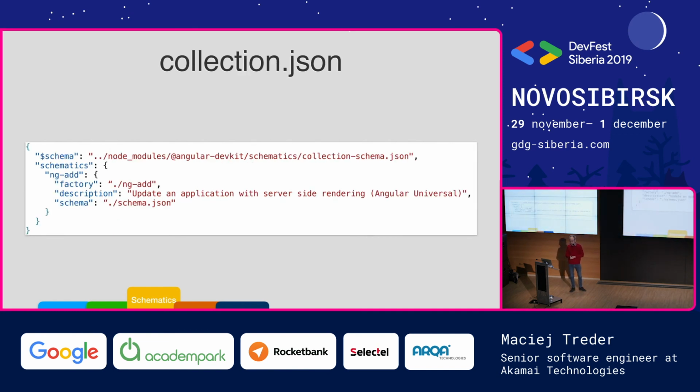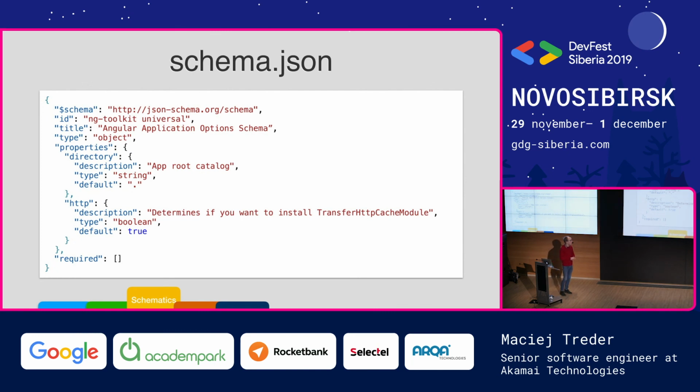This is the collection.json for the universal, just as a reminder. And finally, the schema which we are using. Once again, just to remind you that we have the directory property and HTTP. Those are just going to be used in the schematics.ts file.